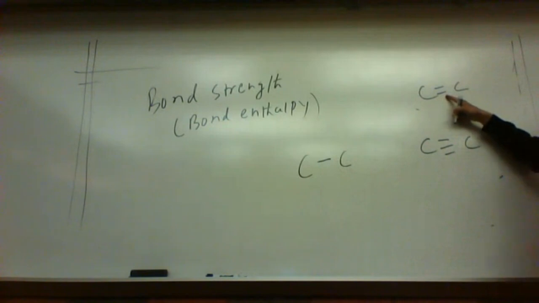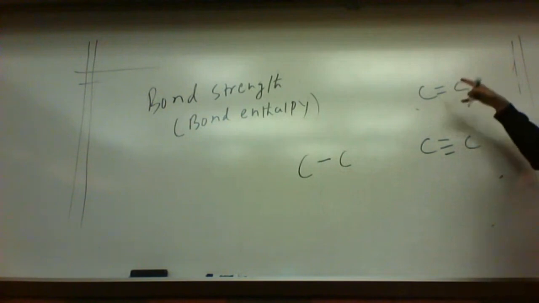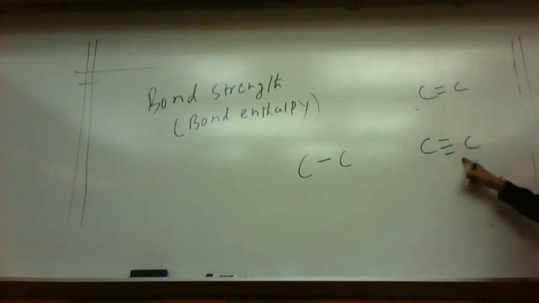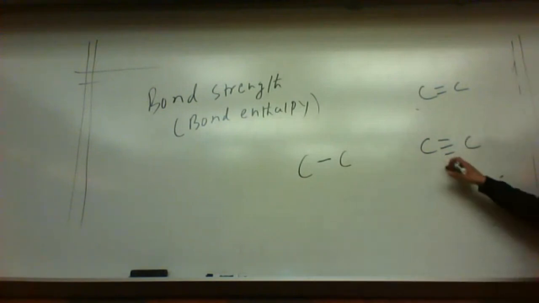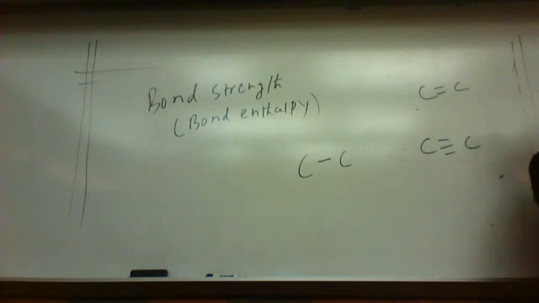Two bonds here, we need to break two bonds, so we need to give a lot of energy from outside to break it. So bond enthalpy is high, so a very strong bond. Now this one, there are three bonds. If you want to break this, you need to give a lot of energy to break three bonds. So this has the highest bond enthalpy, and this is the strongest bond.